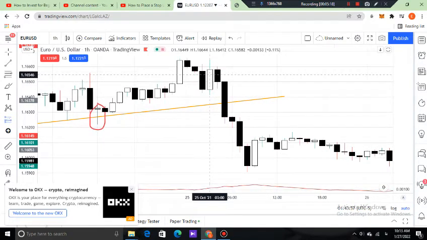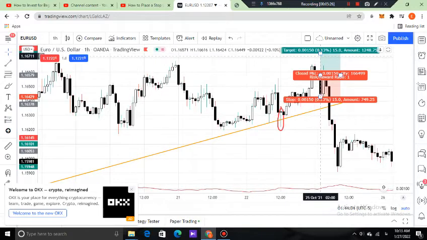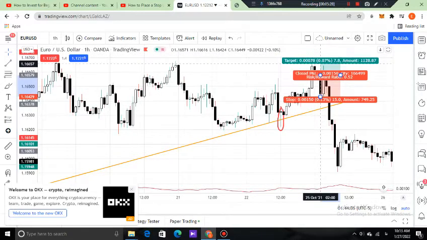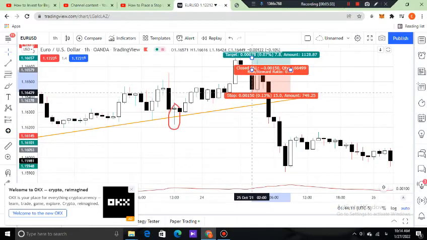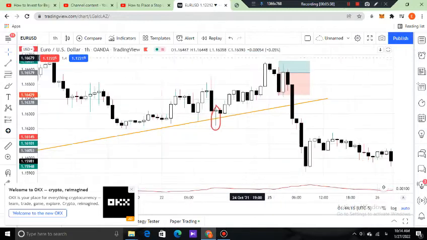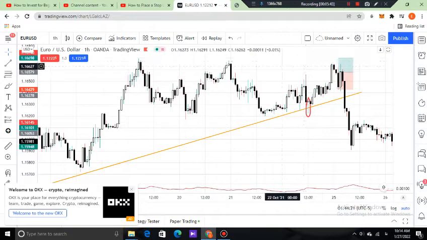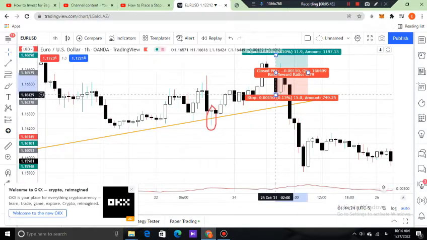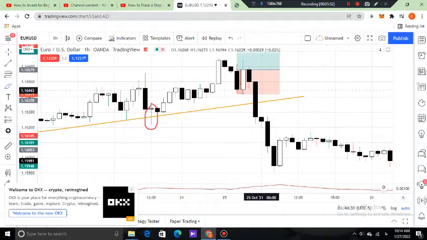You enter at the close of this candle and leave your take profit here. That's not a good risk to reward ratio, by the way, but it's for practice. It doesn't hit your target, it hits your stop loss and you stop out.